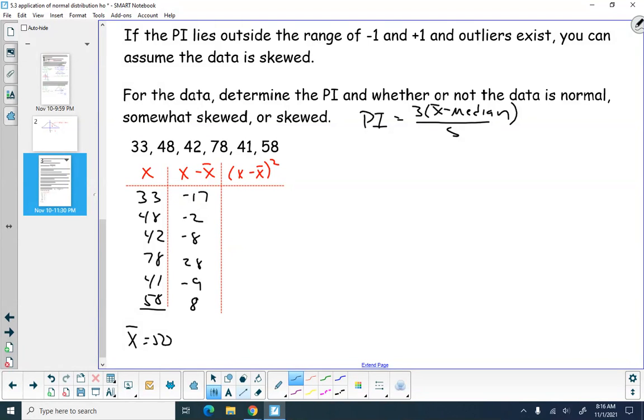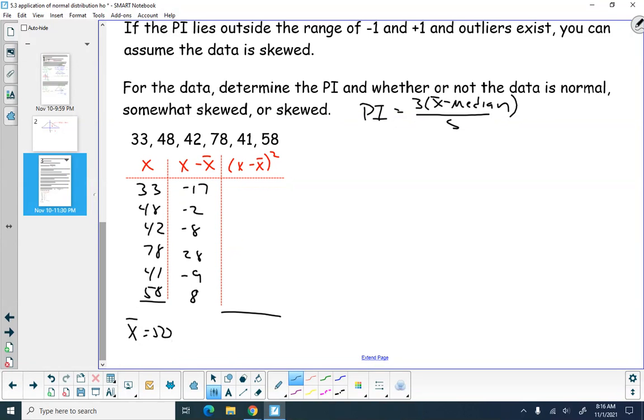And we can square each one of those values. To calculate our standard deviation, we take the sum of the x minus x bars squared divided by, we can call this a sample, n minus 1.